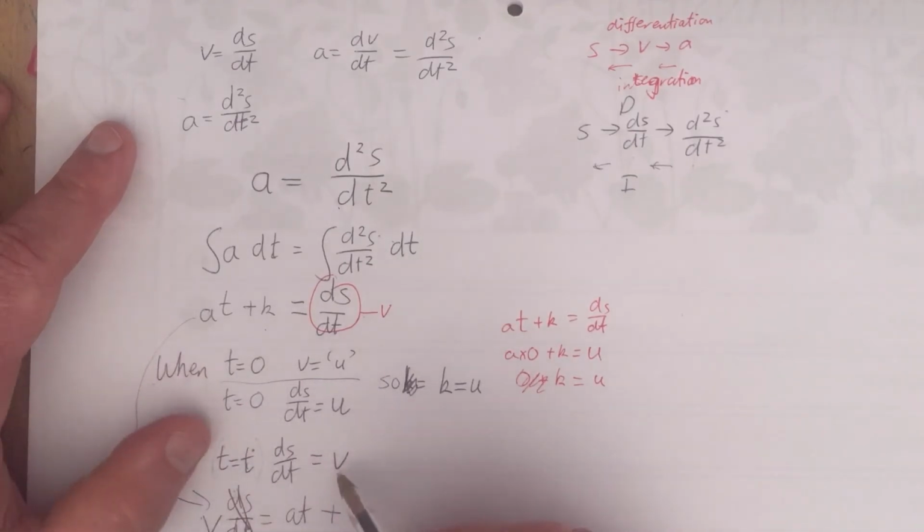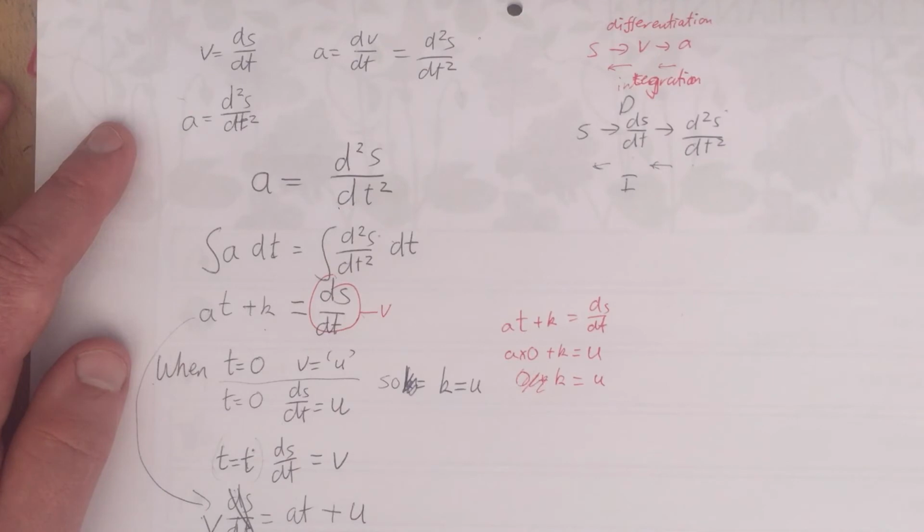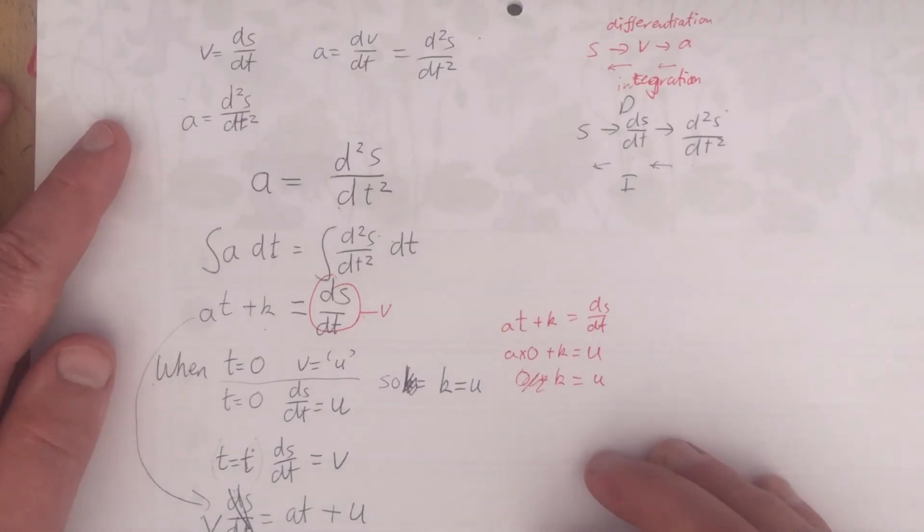I would say putting this bit in definitely makes it absolutely correct. And at that point, we've got v equals at plus u, or the way that we normally write it, u plus at. And that's it, proven. There is an alternative method for doing this that I'll show you maybe in an extra little video that I'll upload.